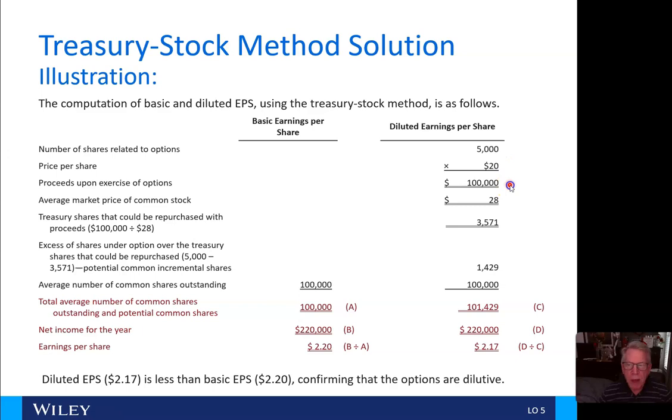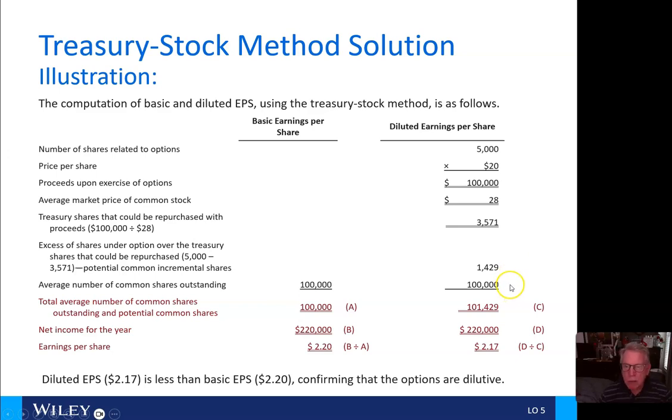That gives us 100,000. The average market price is $28 per share. So the treasury shares that could be repurchased with the proceeds would be 3,571. We subtract the 3,571 from the 5,000 shares, and we get 1,429 potential common incremental shares.